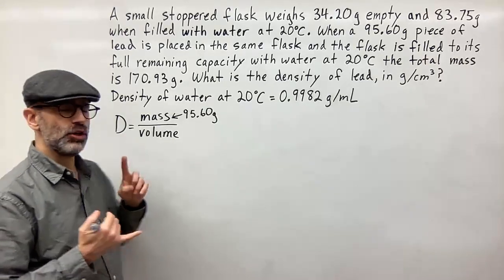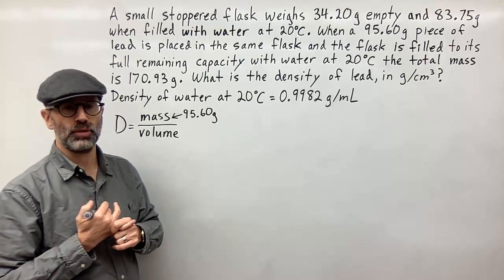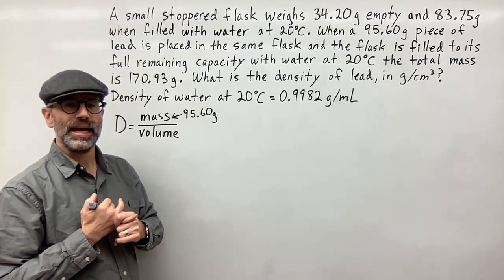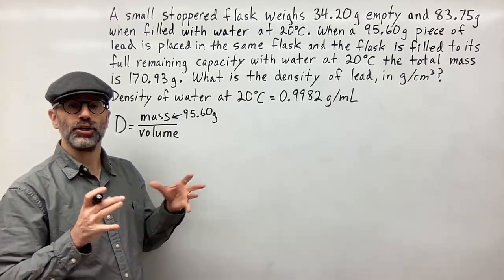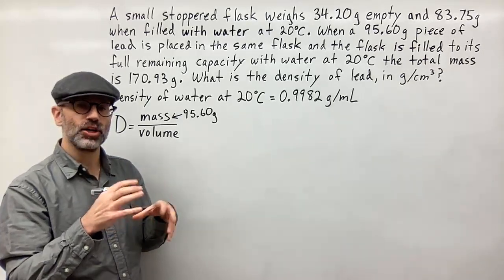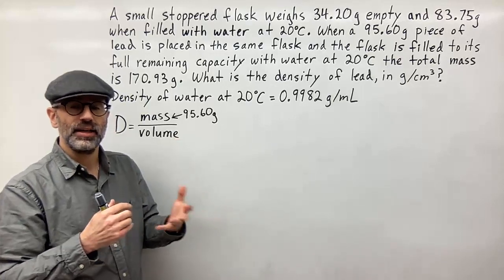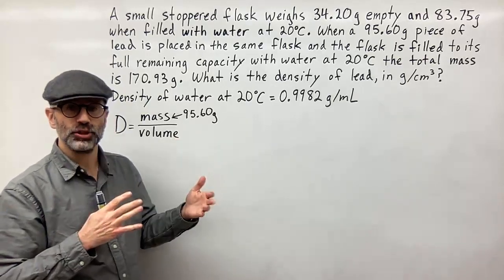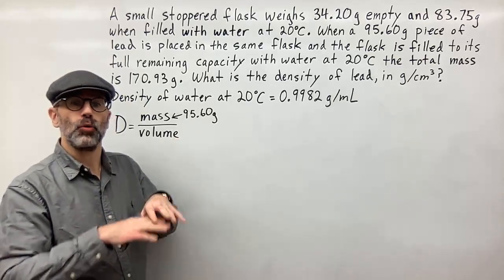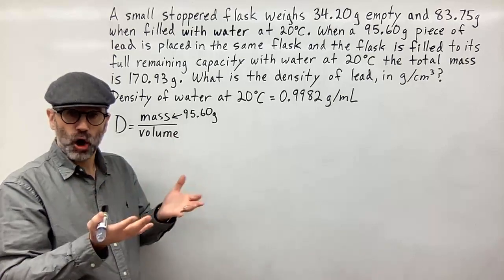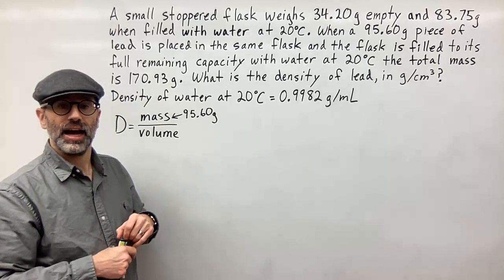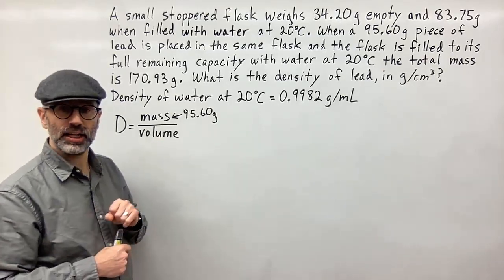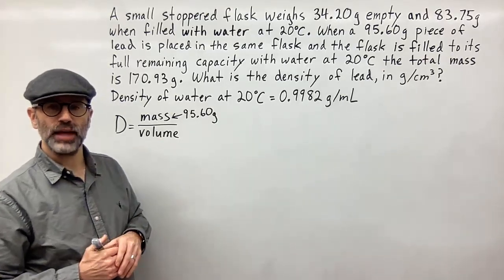So if we knew the total volume of the flask and we knew the total volume of the water that was occupying the flask along with the lead, then we could subtract those two and we would end up with the remaining volume that's taken up by just the lead, right? And then we could use that in our calculation. So let's go ahead and try to do that.